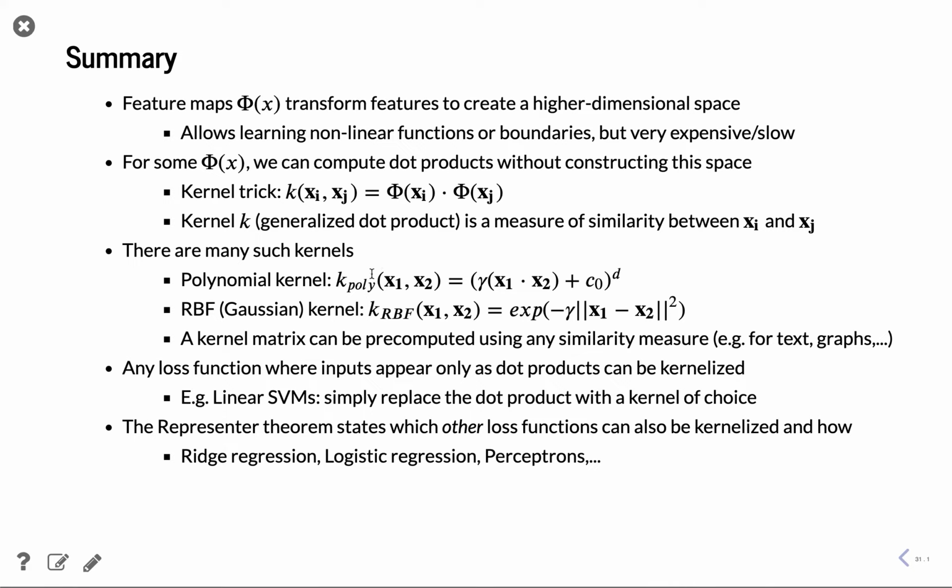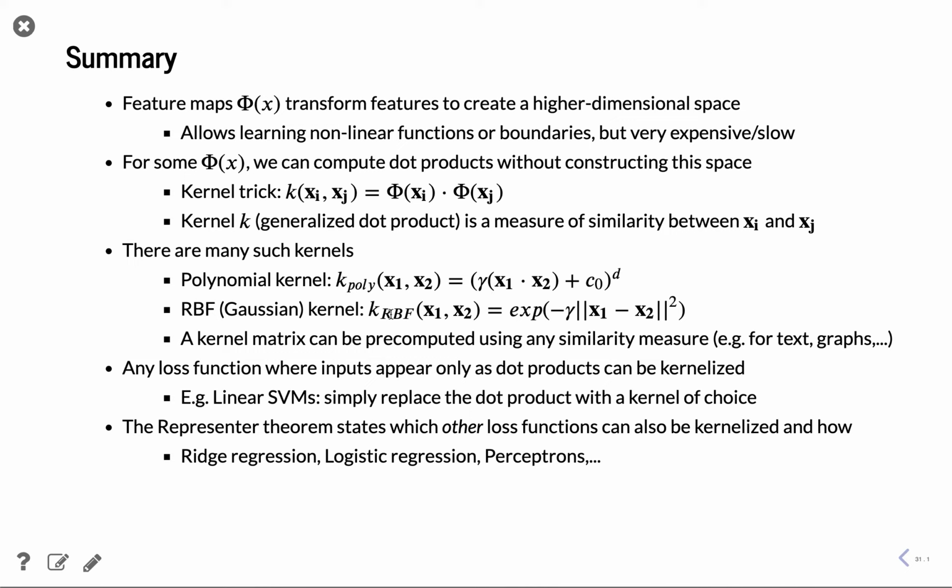So if we want to fit a linear model in a high-dimensional space, we can do that by computing dot products, and the dot product ends up being just the dot product in our original space to the dth degree. It has these 2 extra parameters which allow you to play with this, but these are optional.